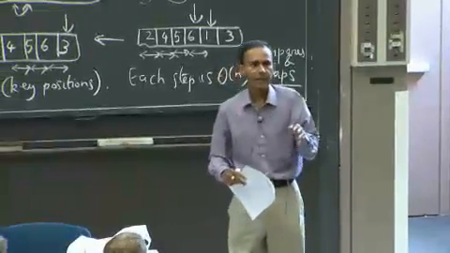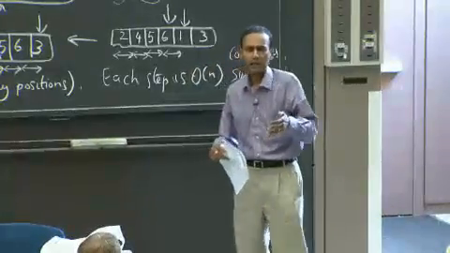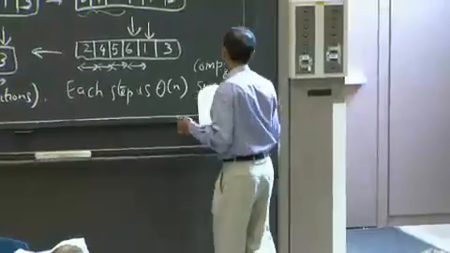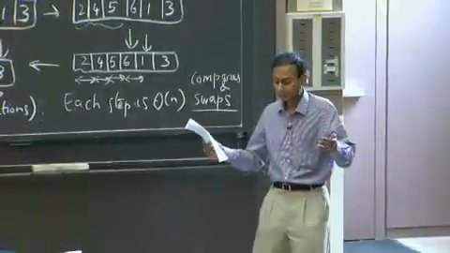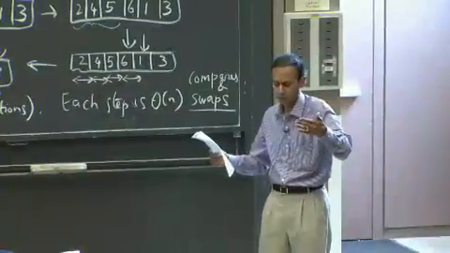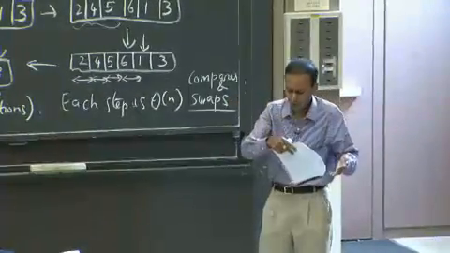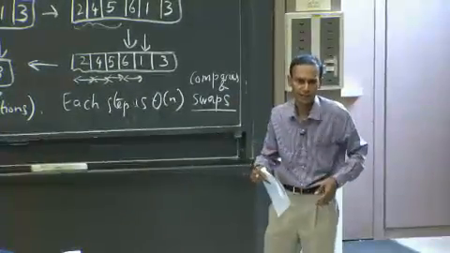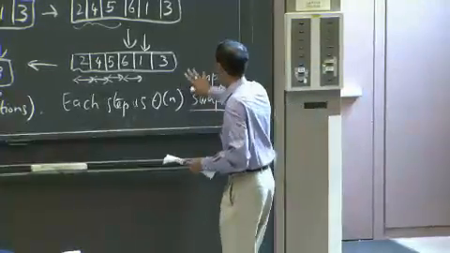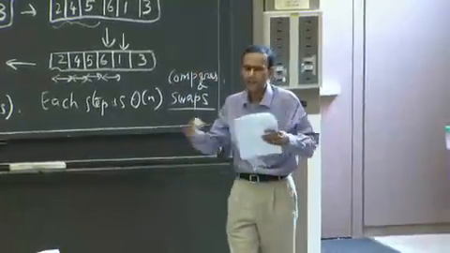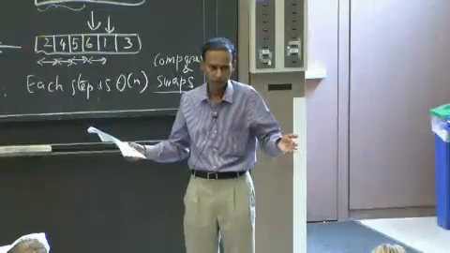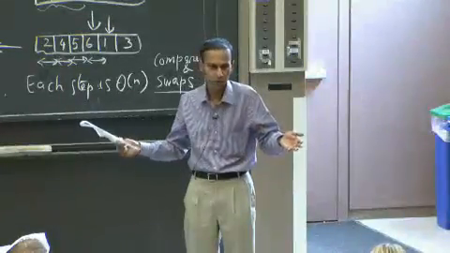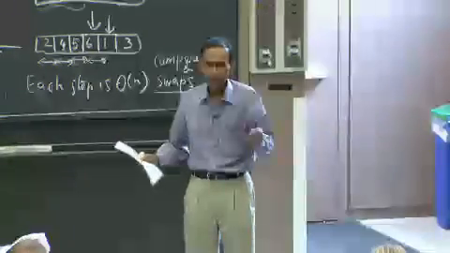We'll be assuming that either compares and swaps are roughly the same, or that compares are, and we'll say which one, substantially more expensive than swaps. If you had either of those cases for insertion sort, you have a theta n square algorithm. You have theta n square compares and theta n square swaps.